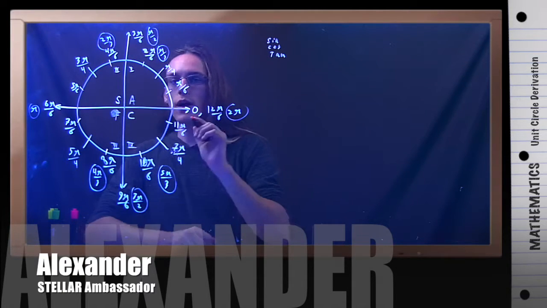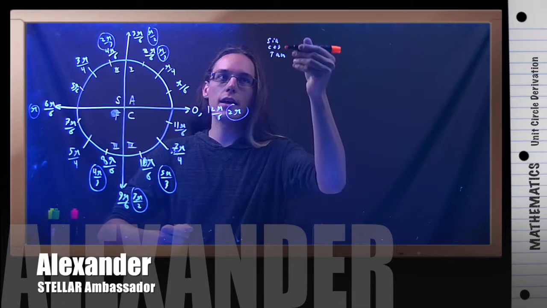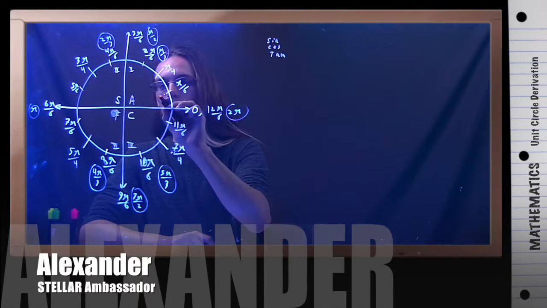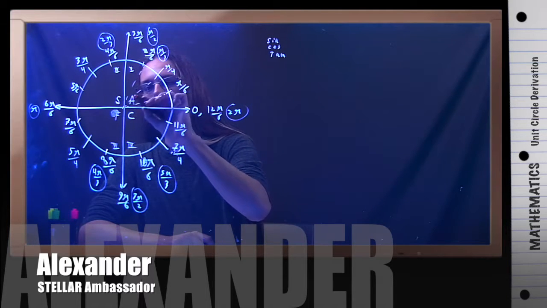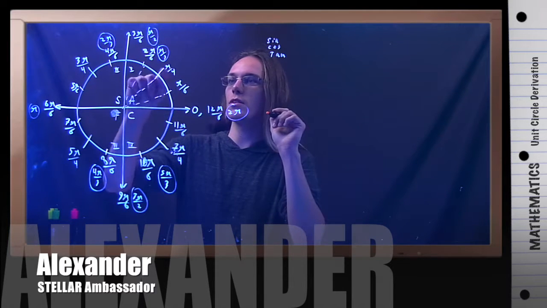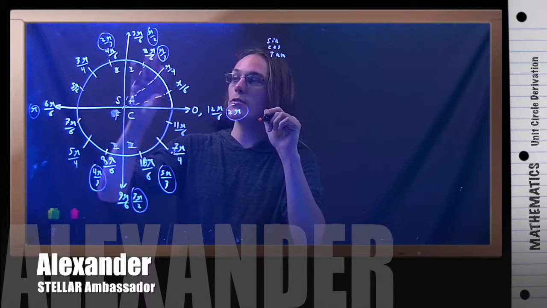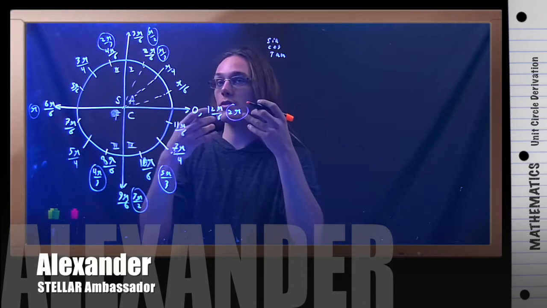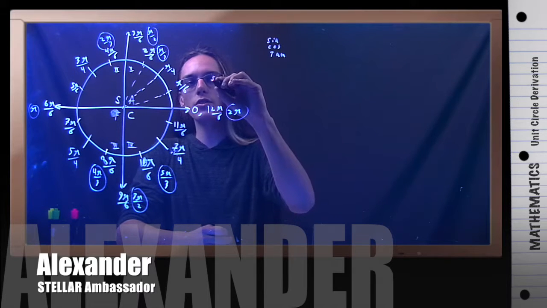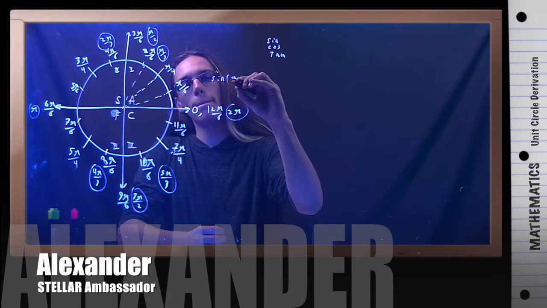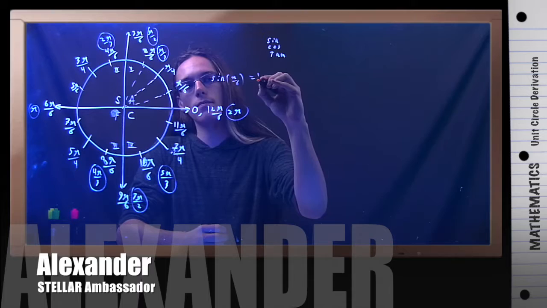So what's really cool as well is that if you can just memorize the values for sine, cosine, and tangent in here, here, and here, you can find the values anywhere else by doing reference angles. So, for example, sine of pi over 6 is 1/2.